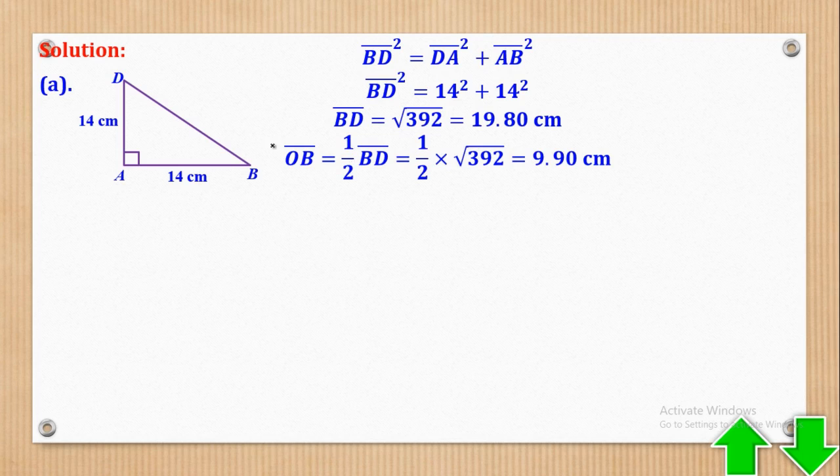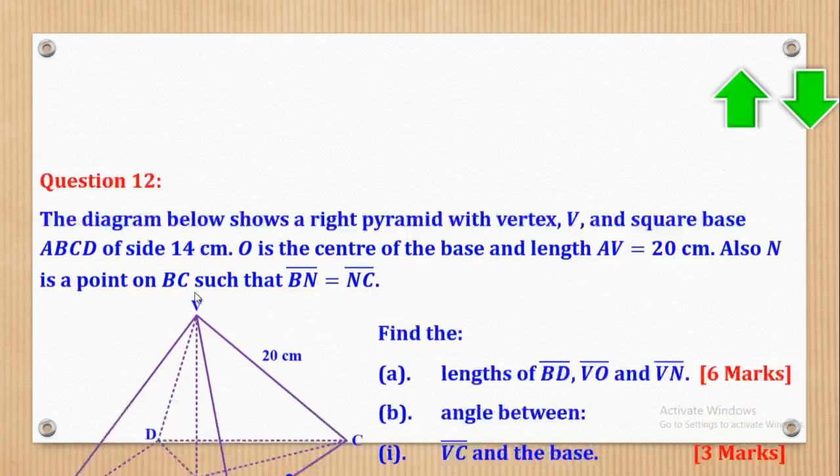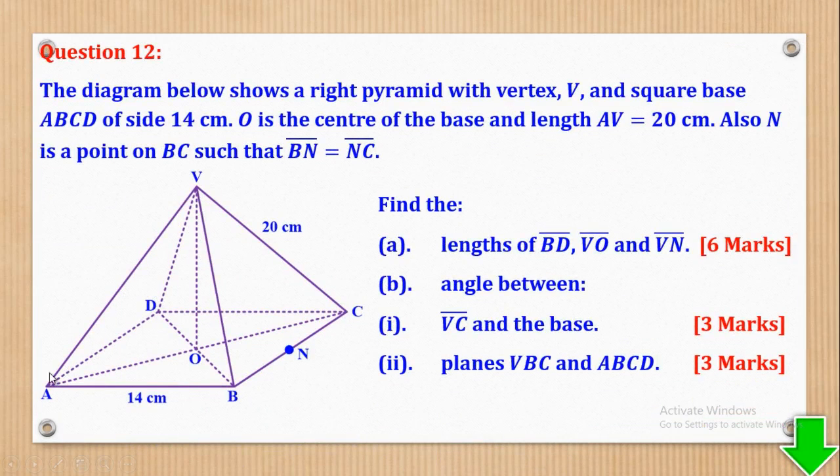So OB will be a half. So if you look at this triangle, if you look at this, this is the diagonal of the square, meaning O is the midpoint of BD. Therefore, OB will be a half of DB.